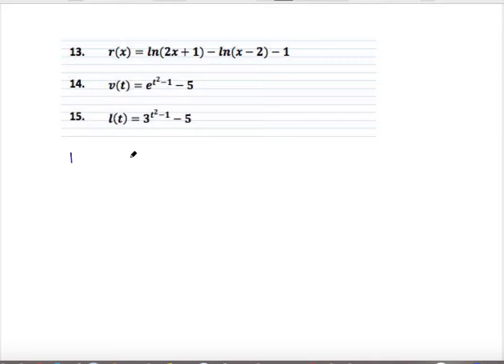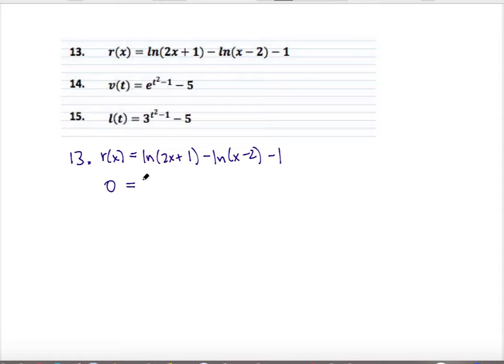Now to question 13. So this is function r of x equals ln of 2x plus 1 minus ln of x minus 2 minus 1. In order to solve this one, I actually need to know the properties of logarithms. If I have two logarithms of the same base, so these are both ln, so they have a base e, then I can put those together if they are adding or subtracting.